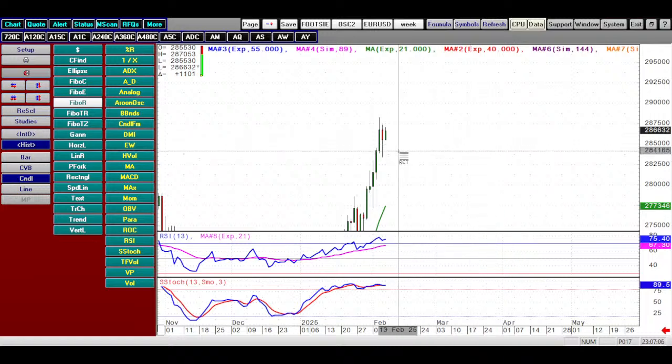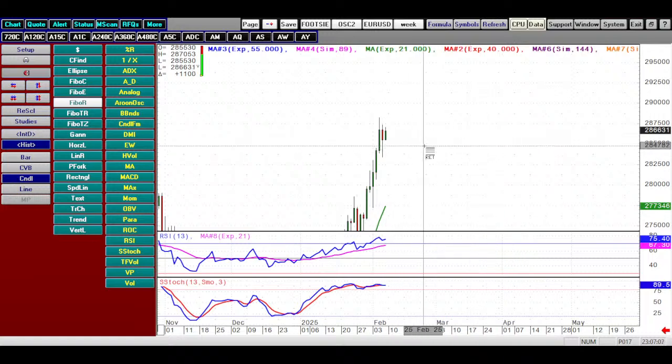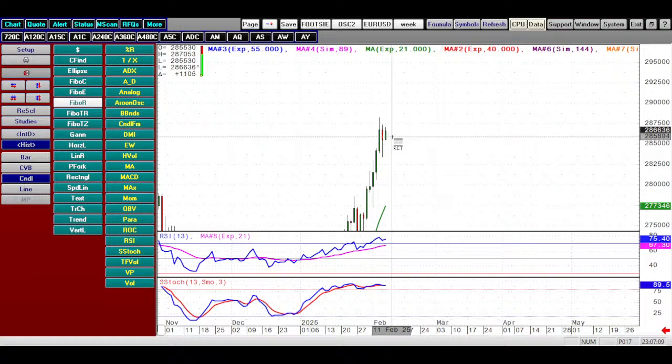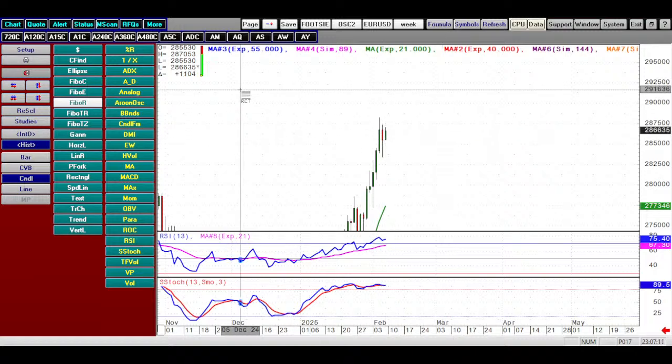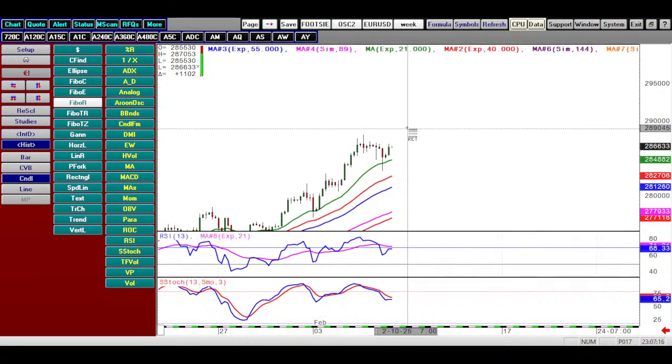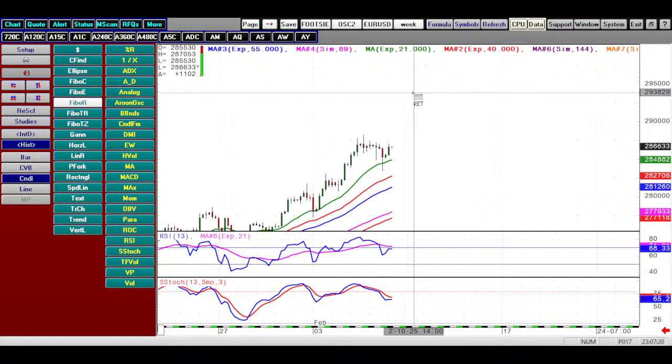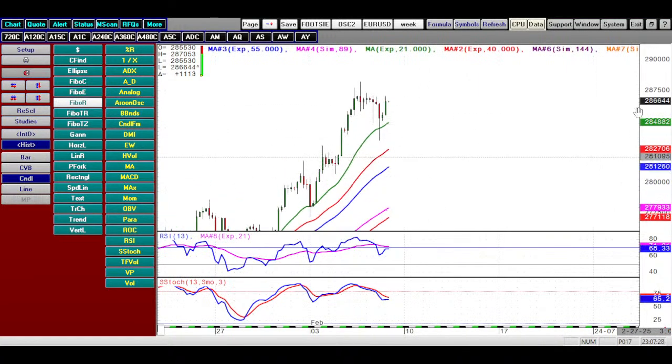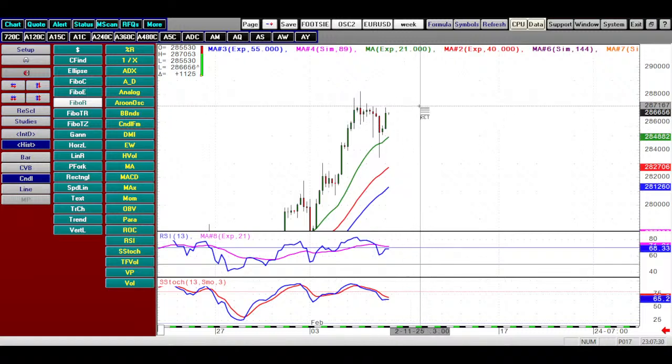Once it is caught in the range or congestion, this will drag until the break is seen, or until we get some catalyst news for the break to happen. As of now we are still within the range and a new time belt has started.